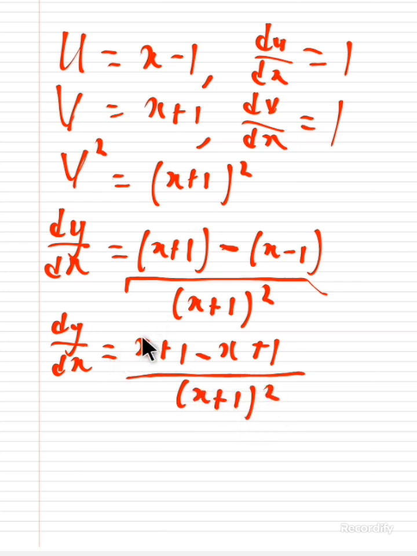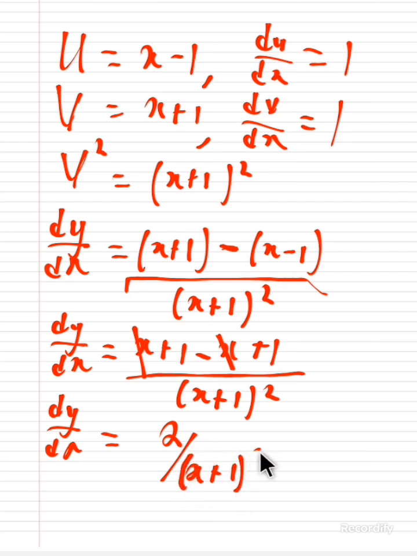If you look at this now, we're having positive x here and negative x. They are going to cancel out each other. And we're having positive 1 and positive 1, which will become 2. So my dy dx will now be 2 over x plus 1 squared.